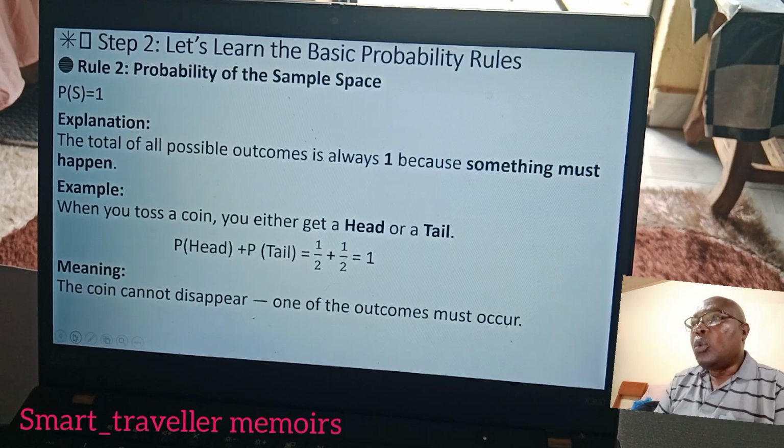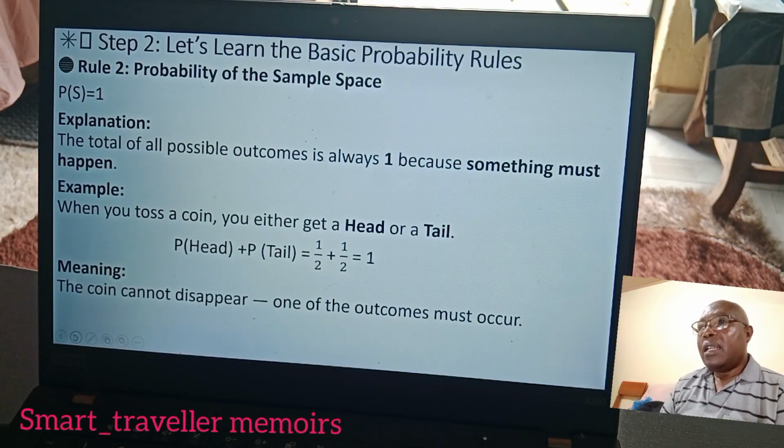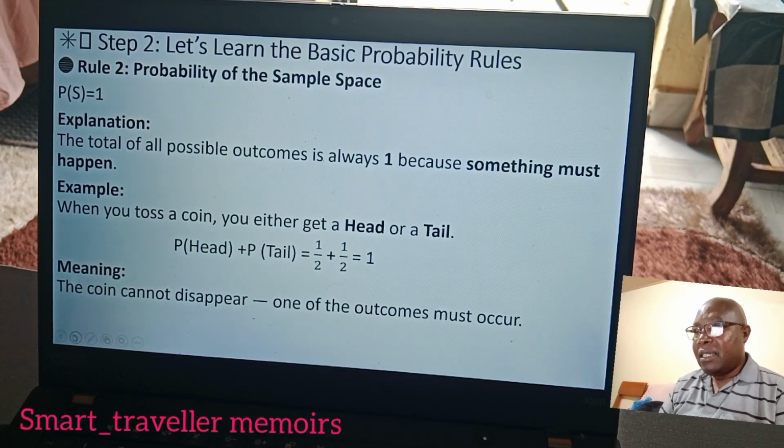Rule number 2, probability of the sample space. P(S) equals 1. That is, P is probability and S is sample space. So the probability of the sample space is 1. Explanation: the total of all possible outcomes is always 1 because something must happen.